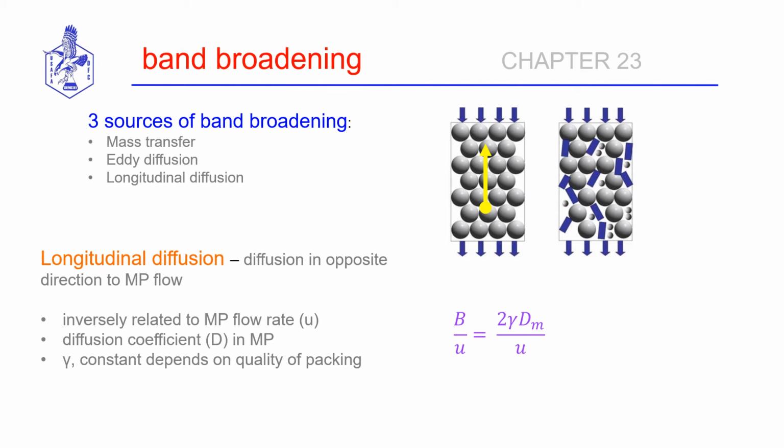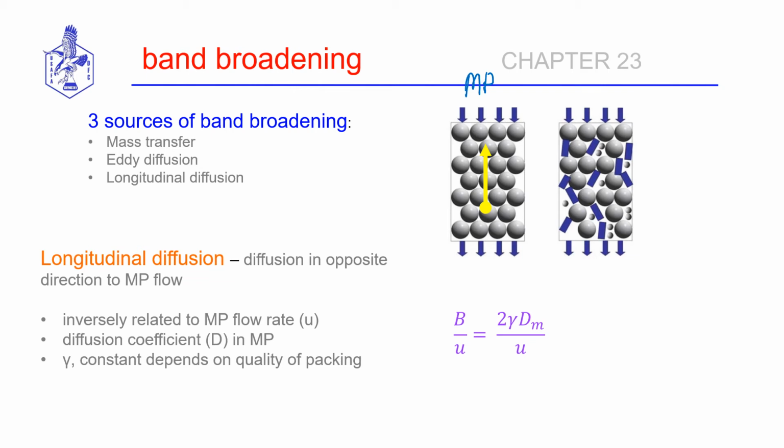The final contributing factor to band broadening is longitudinal diffusion. Diffusion is a spontaneous process and it's random in nature. So as our mobile phase is flowing over our packed bed in the direction of the arrows, when a molecule diffuses, it can diffuse in any possible direction.